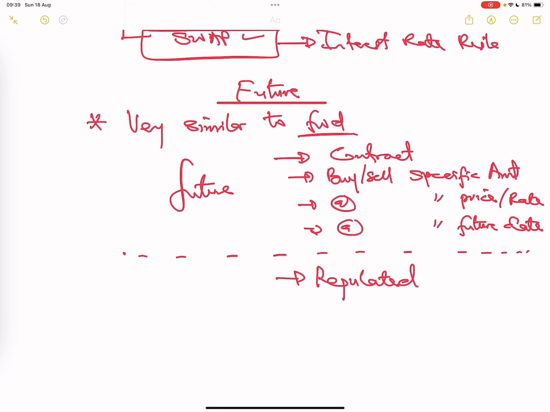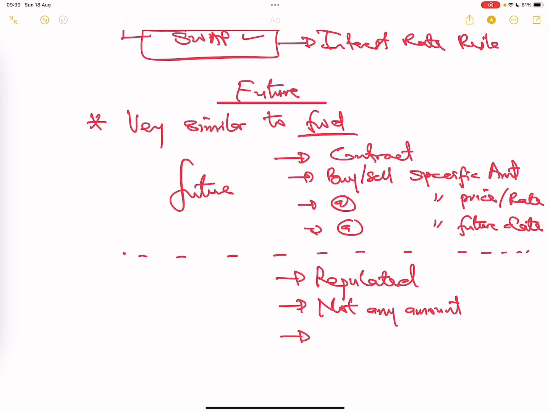However, when you are talking about future, you cannot determine your amount. You have to pick from the standard amounts that are available. So not any amount. It's not that flexible. The market will have maybe 10,000 volume or 1,000 volumes or 5,000 volumes. So you must choose from standard amounts available in the market, right?